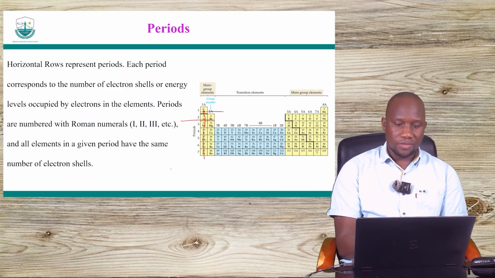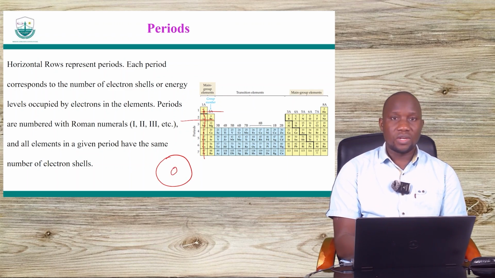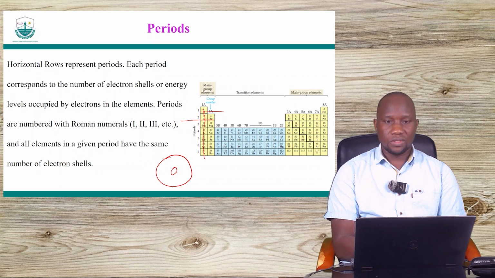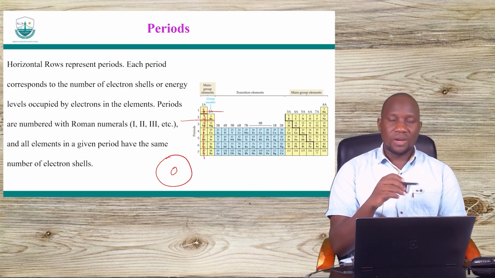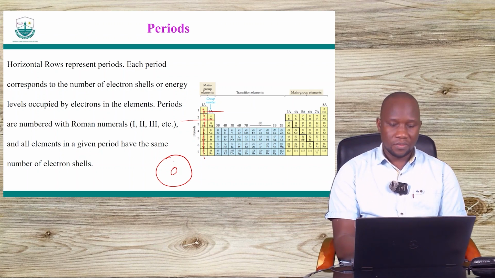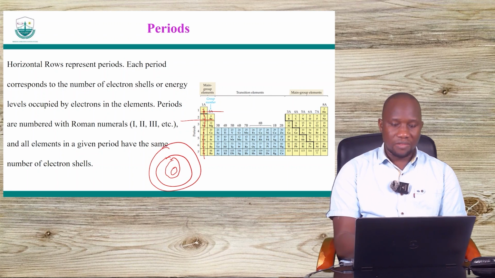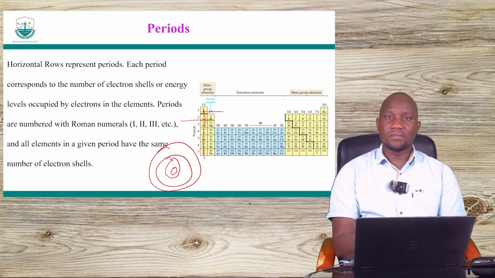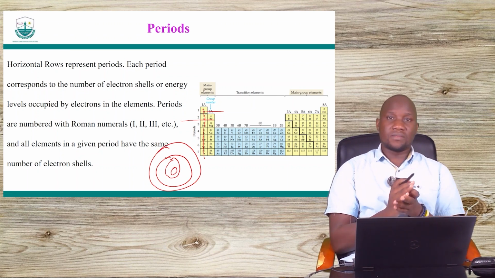What are energy levels? So you have an atom, and in an atom you have the nucleus. In the nucleus you have the protons and the neutrons, and then the electrons are spread across the energy levels. So that is energy level 1, and then this is energy level 2, and this is energy level 3. So along these energy levels you have electrons.